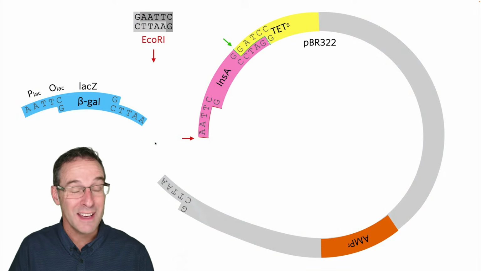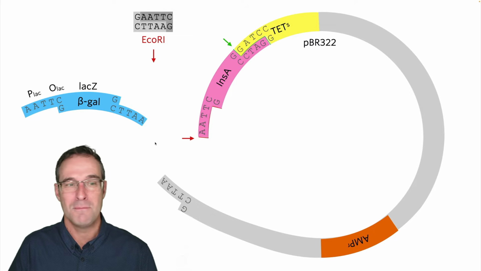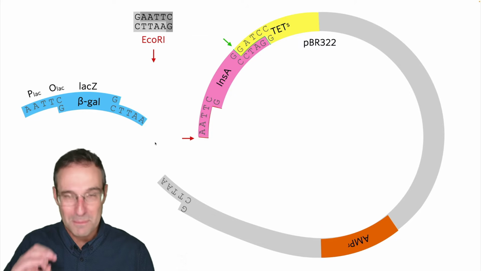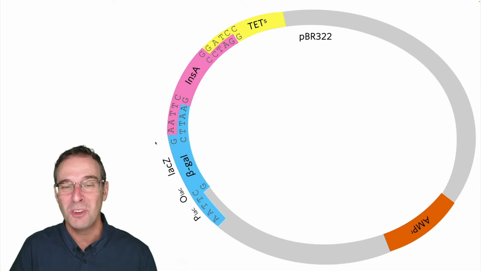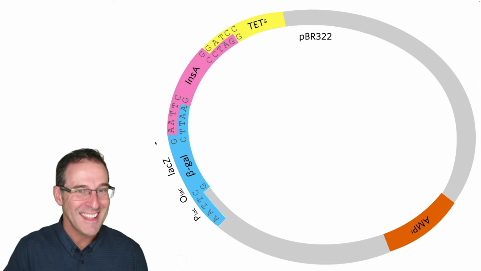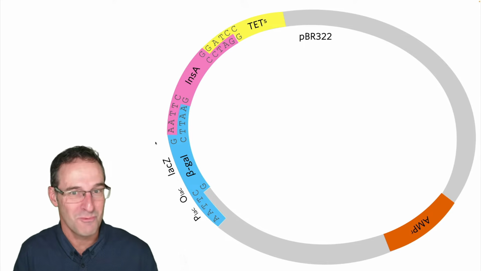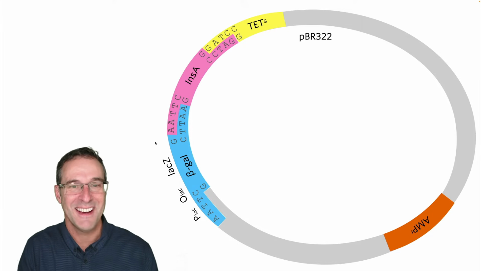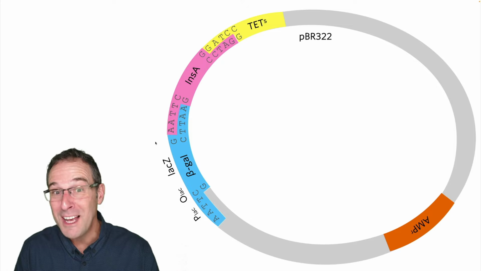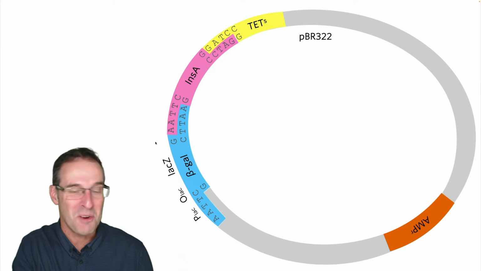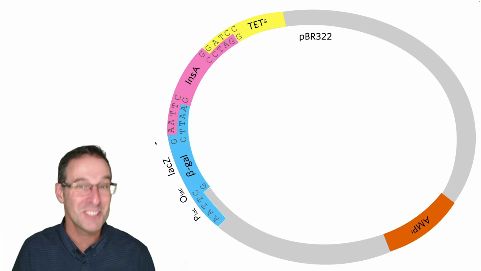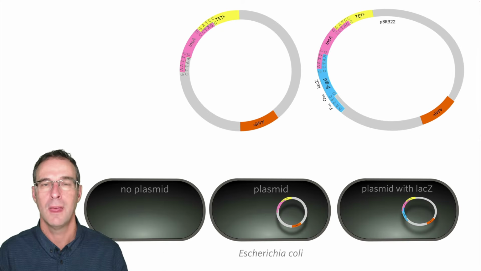And so what we're hoping is that the beta-galactosidase gene will join into the plasmid like that, forming another recombination of this plasmid. All right, so it's now a recombinant plasmid because it contains the human insulin A gene, and it also is recombinant because it contains the beta-galactosidase gene as well.